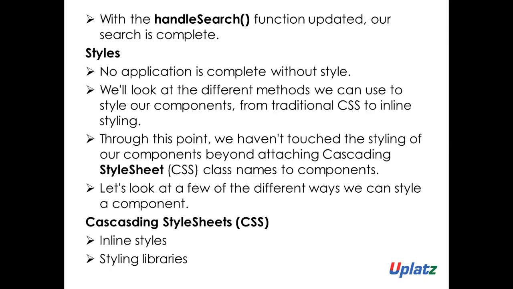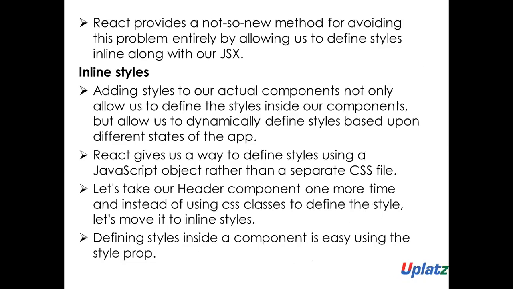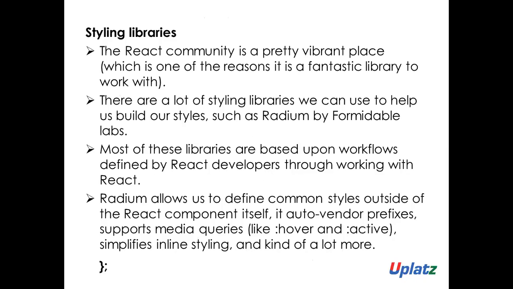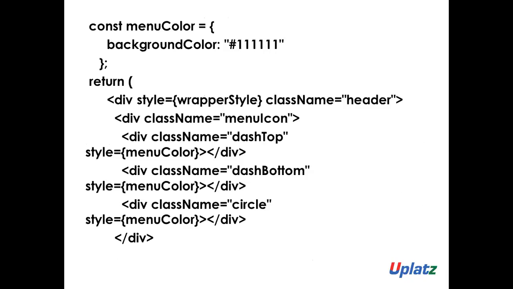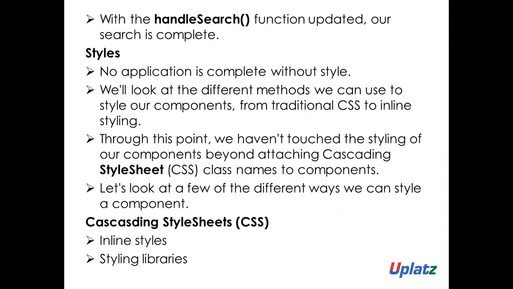Now let's discuss style. No application is complete without style, that we all know already. So everything we want is style. So how that style is designed, you can see. We will look at different methods we can use to style our components, from traditional CSS to inline styling.